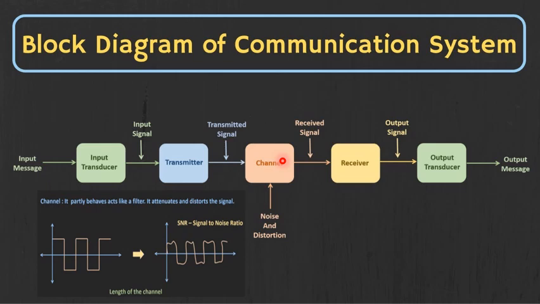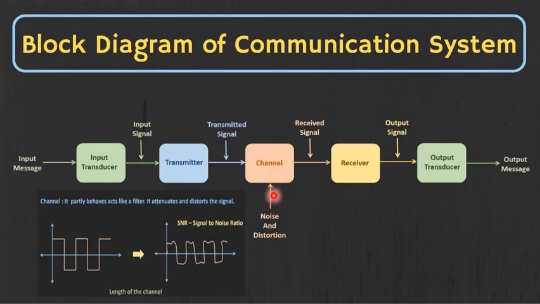Once the transmitted signal passes through the channel and gets received at the receiver, it gets attenuated as well as distorted. Moreover, noise also gets superimposed over the transmitted signal.